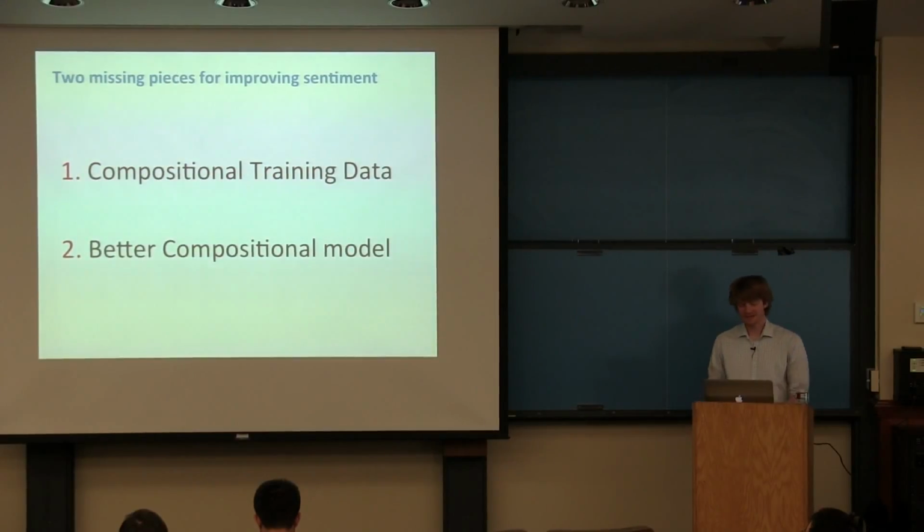And so we basically found that there are two things missing to really push the performance on this kind of data set. And the first one was to have actually compositional training data, in the sense that we want to actually have a model in order to analyze and train the model to really label every single phrase in a sentence. And in the end, we also had to have a better compositional model.